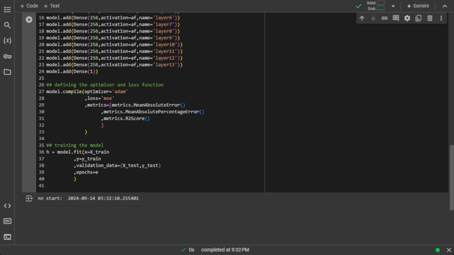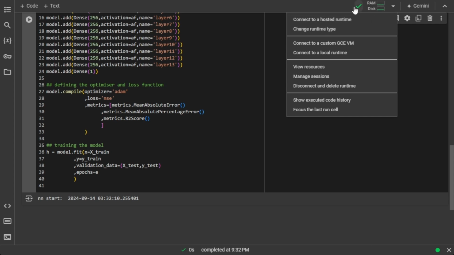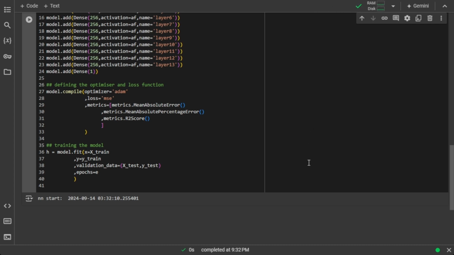Now you might have noticed I'm in Google Colab up here. You can always experiment with switching from GPU to CPU to TPU, etc. Maybe you have a paid plan, but it's always fun to see how long these things actually take the computer.